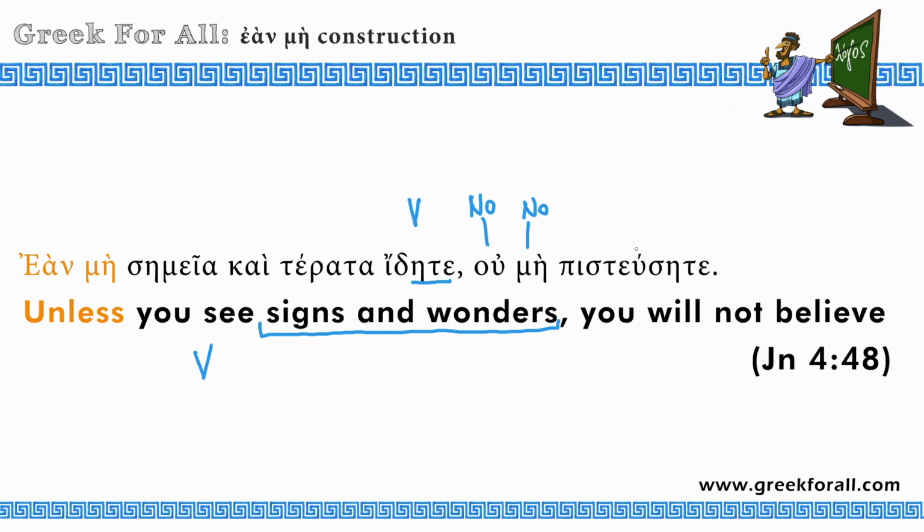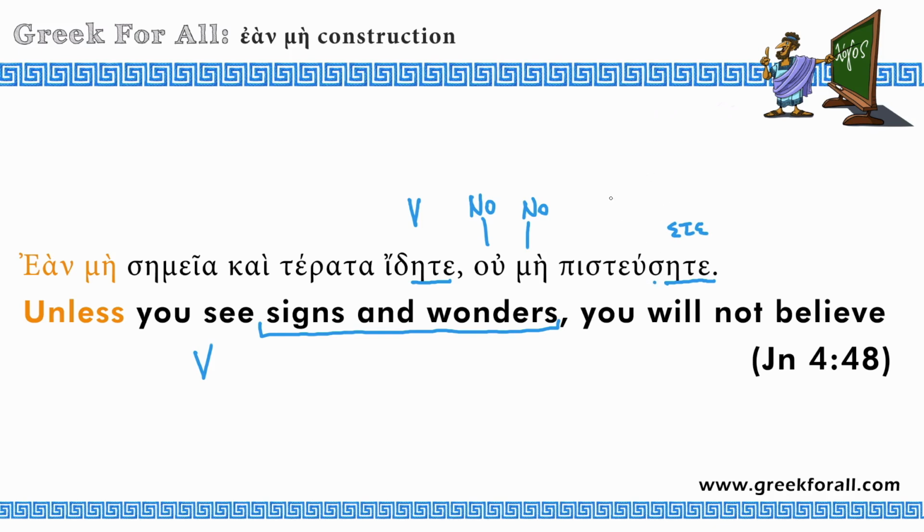And here we have a verb pisteusete, which comes from the verb pisteuo. This is the aorist subjunctive. Again, we have the same ending right here, ete and ete. We can see that this connecting vowel is long. It should be epsilon like this, so the lengthening tells us that this is the subjunctive mood.